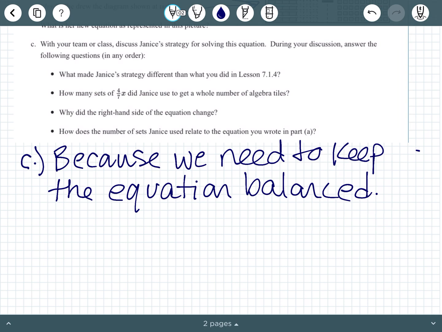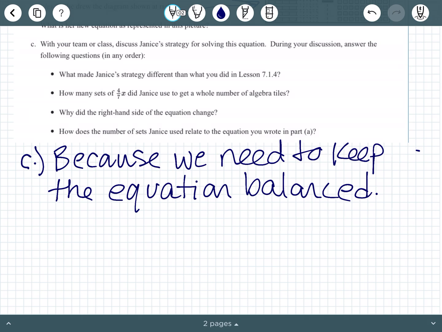So this shows us that whatever we do on one side of the equals sign, we need to do on the other side. That is keeping that equation balanced.